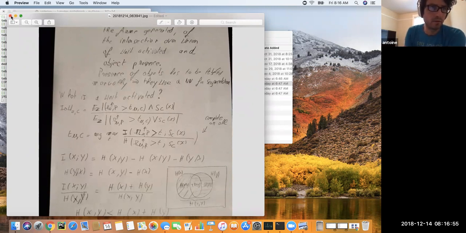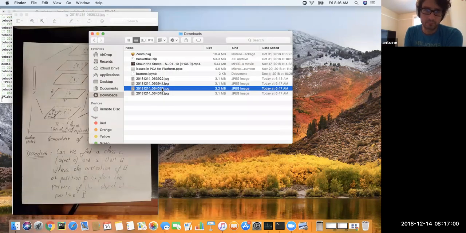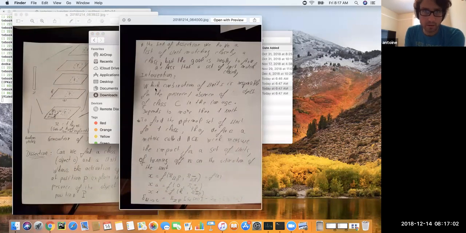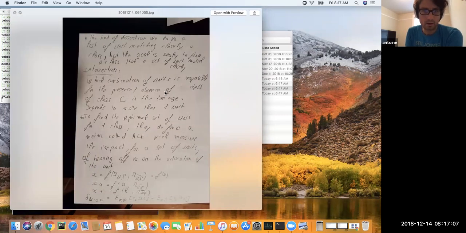So we can look at the expression of their objective, and the name of the objective is, they call it ACE, and I don't remember what, average causal effect. So typically, what is this ACE?